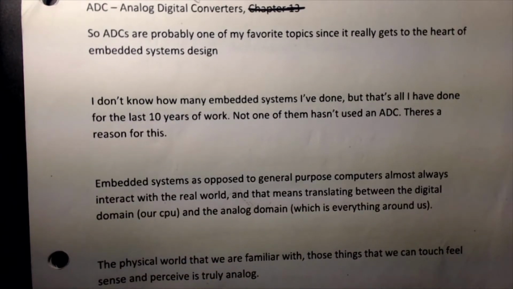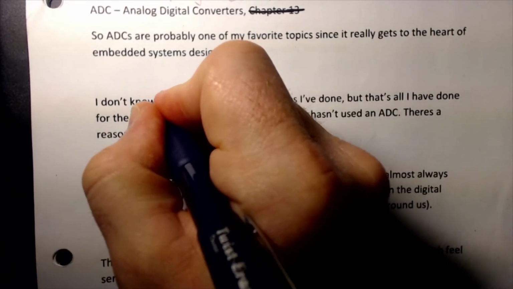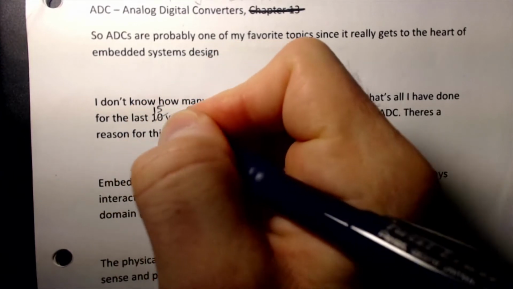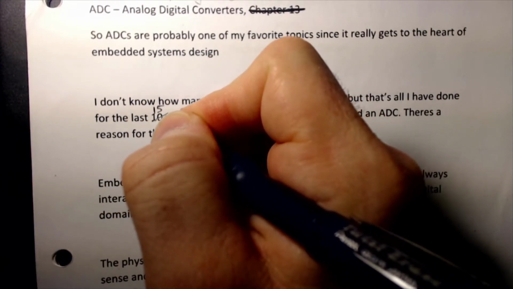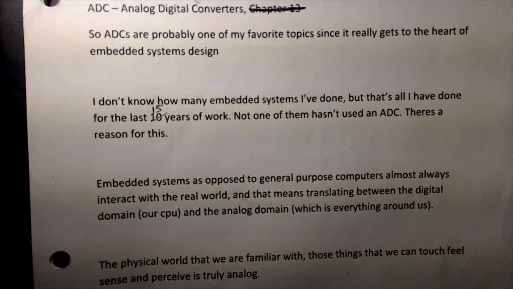I don't know how many different embedded systems I've created over the years, but it's what I've been doing for the past, I'm getting old, 15 years now. A little less than that. 13 years, let's say. Not one embedded system I've ever worked on hasn't used an analog to digital converter. And there's a good reason for this.